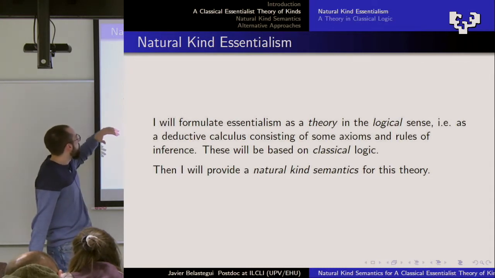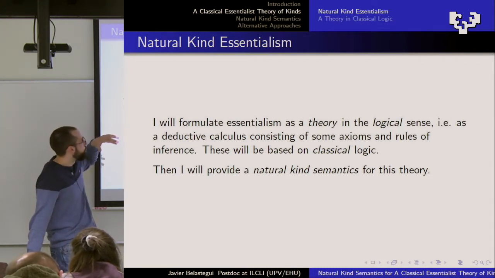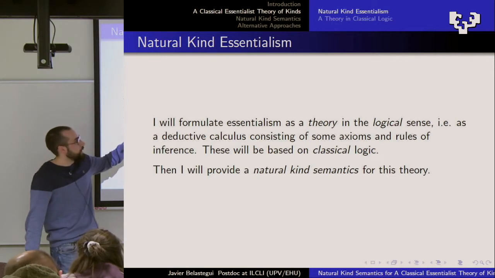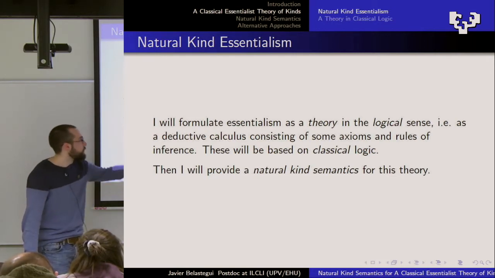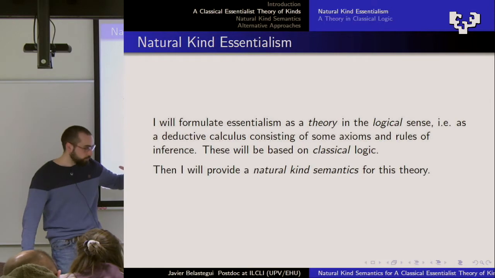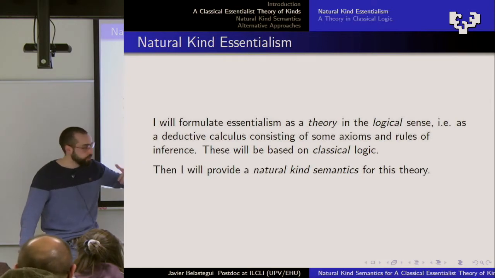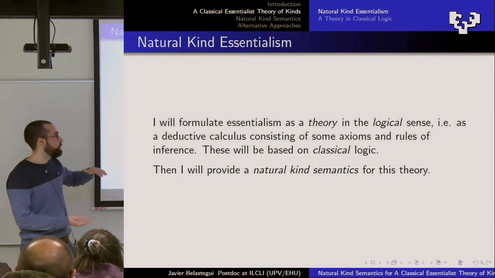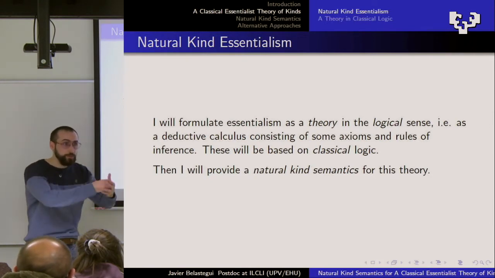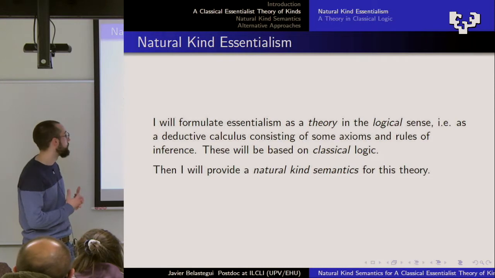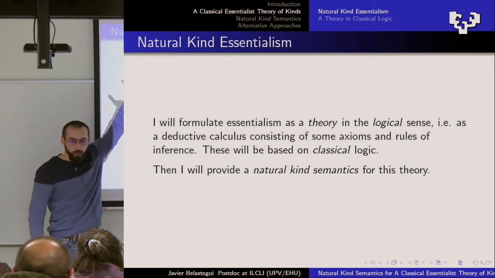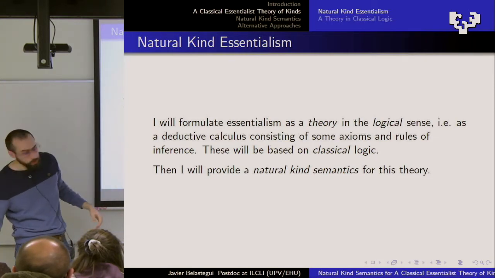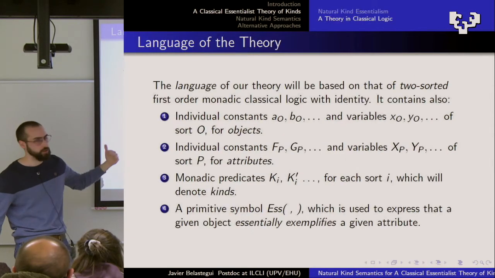I will formulate this theory as a theory in the logical sense. What does that mean? Well, we take some set of axioms, namely those of classical logic, and we add some more axioms to it to get this specific theory, namely essentialism. Then I will use the sort of structures I was talking about before as semantics for the theory.